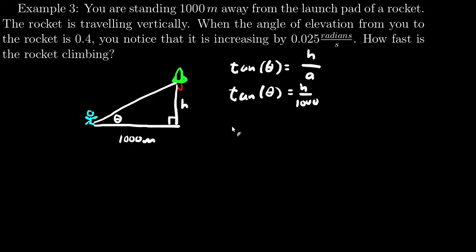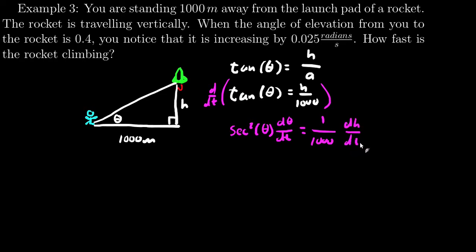So the derivative of tangent is secant squared. I need to include a d theta/dt because I'm taking the derivative of everything with respect to t. This is h divided by a constant, so the derivative of this is going to be 1 over 1,000 dh/dt. And now I can just go through this work.